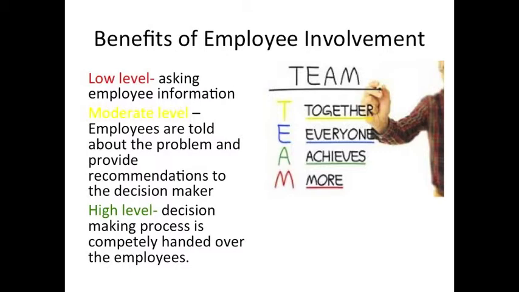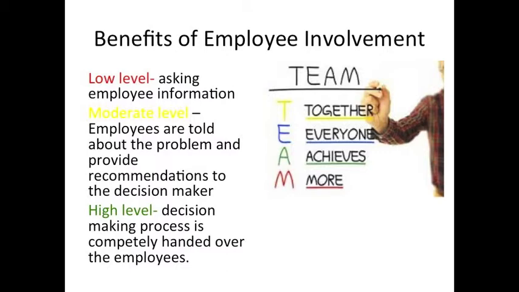A high level of involvement in the decision making process means that the employee would have more of a complete hands-on role in deciding and determining what process or what steps should be taken to fix the problem.